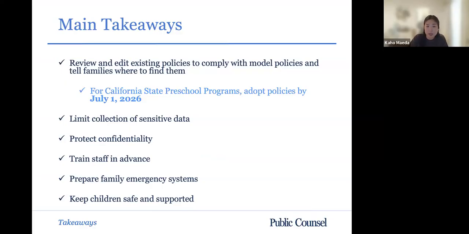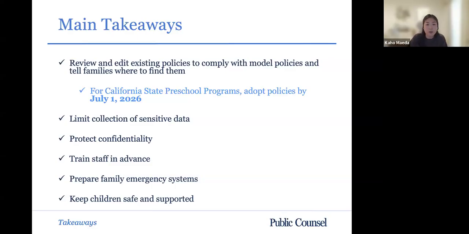You also want to limit collection of sensitive data from the children in your care and from those families as well. You also need to make sure that you're protecting confidentiality of any data that you are collecting. And then again, stressing that we need to be training our staff in advance so that they feel prepared and supported if immigration enforcement does come to your business.